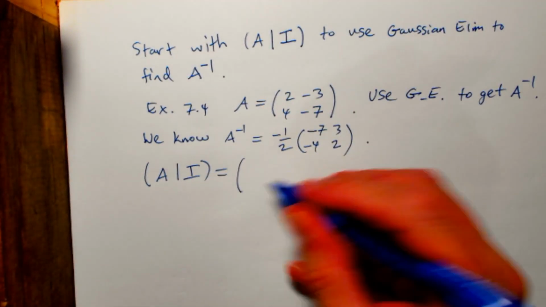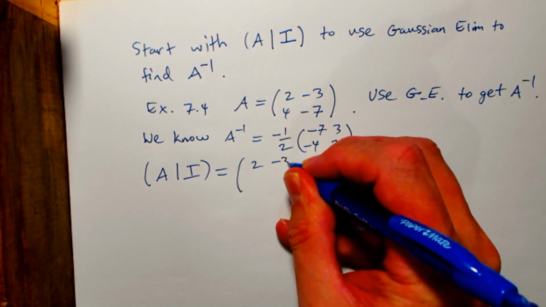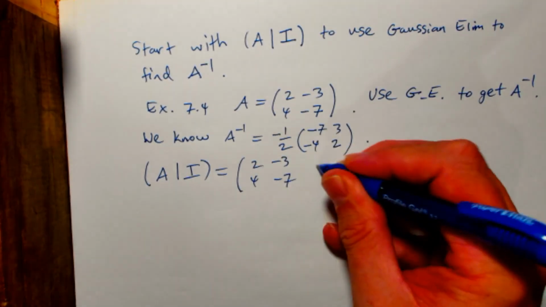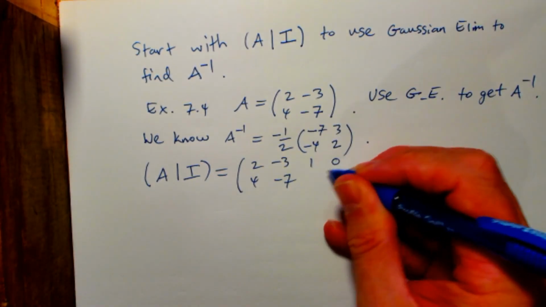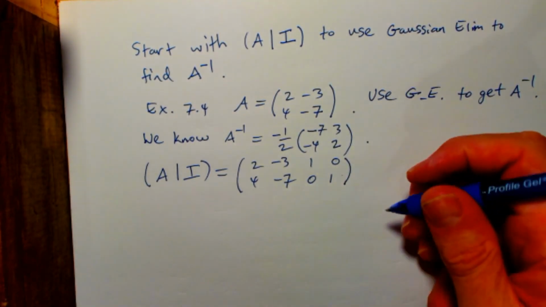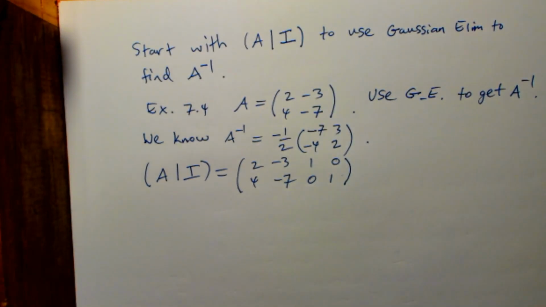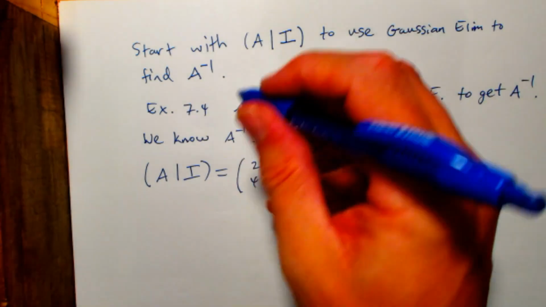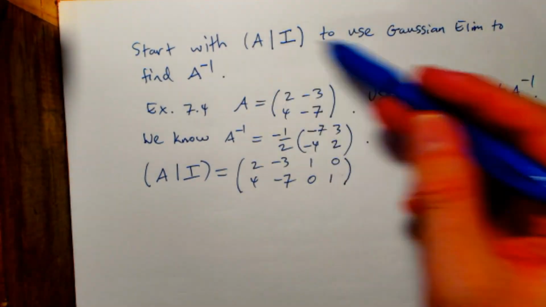Okay, so we put in our matrix 2, minus 3, 4, minus 7, and next to that we concatenate the identity matrix 1, 0, 0, 1. And now we're going to perform row operations on this until we get... So back to this statement.